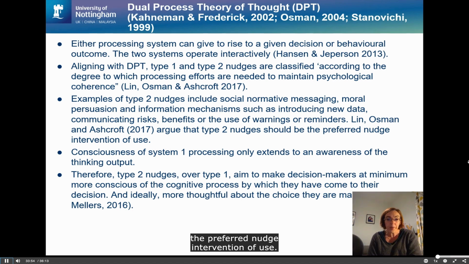Consciousness of system 1 or type 1 automatic processing only extends to an awareness of the thinking output rather than the process of thinking itself. So type 2 nudges aim to make decision makers at a minimum more conscious of the cognitive process by which they've come to their decision.